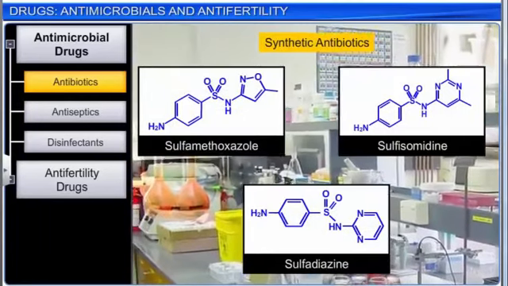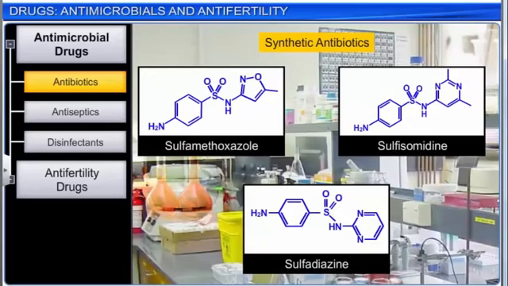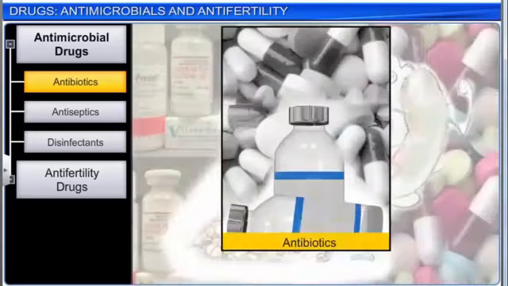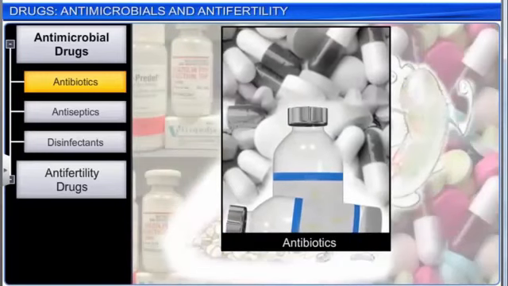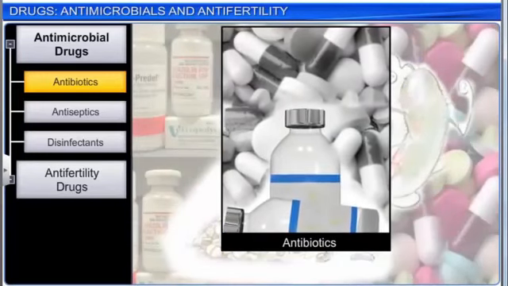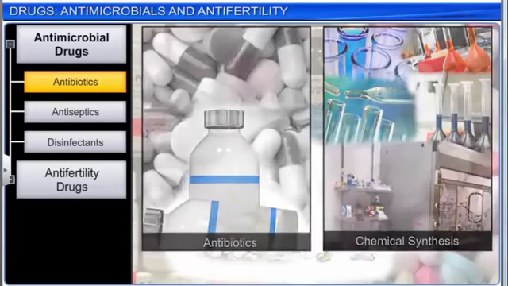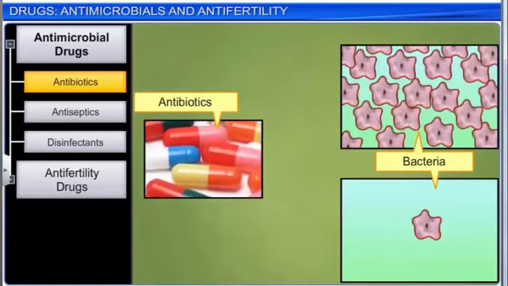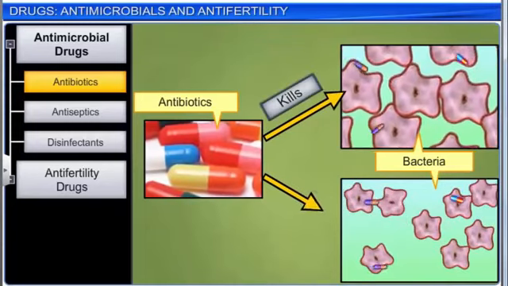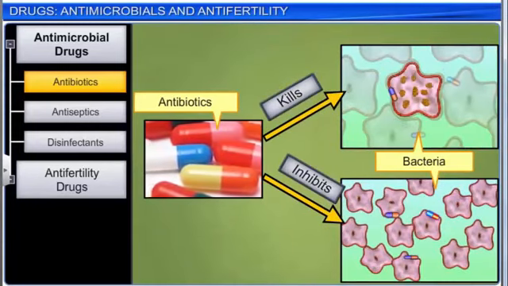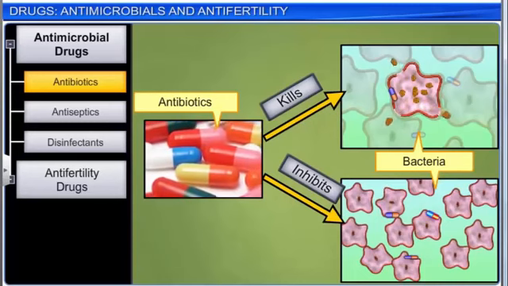Hence, the definition of antibiotics has been modified. An antibiotic is now defined as a substance produced wholly or partly by chemical synthesis, which, in low concentrations, inhibits the growth of or destroys microorganisms by intervening in their metabolic processes.